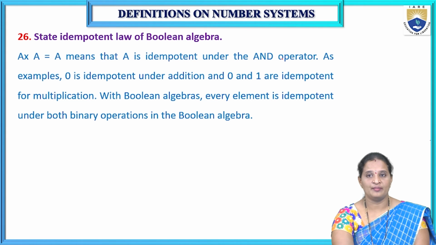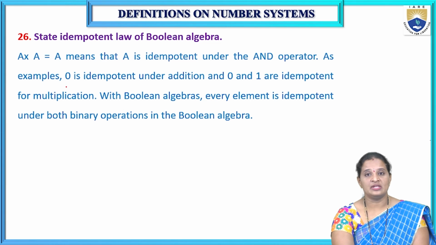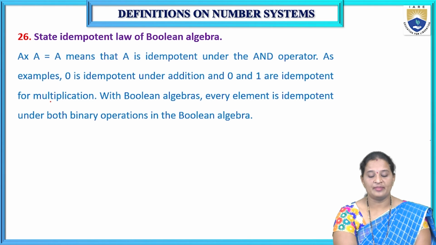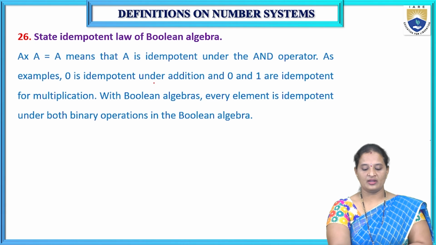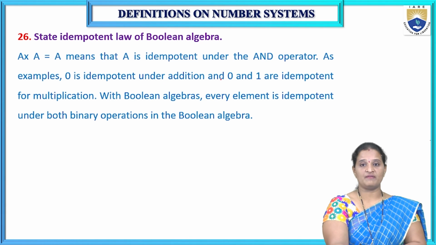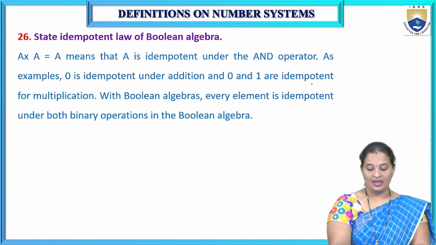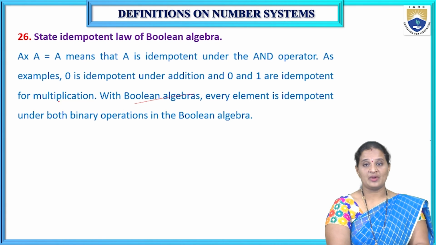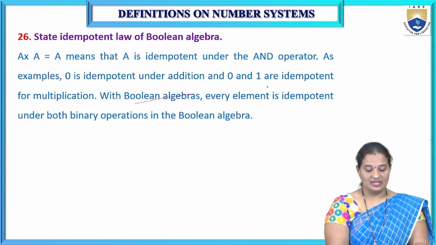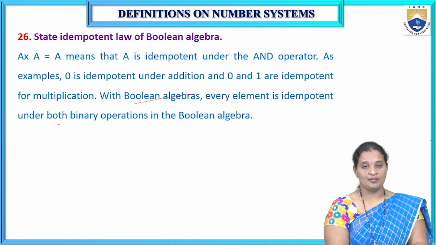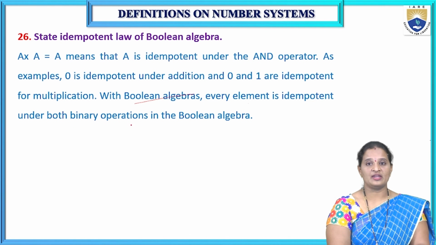As an example, 0 and 1 are idempotent under addition and multiplication. In Boolean algebra, every element is idempotent under both binary operations.